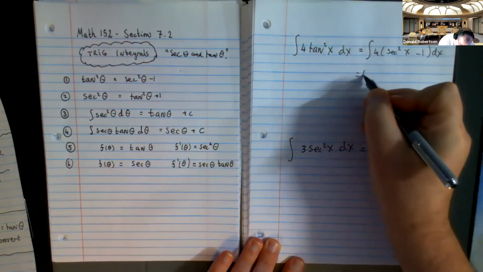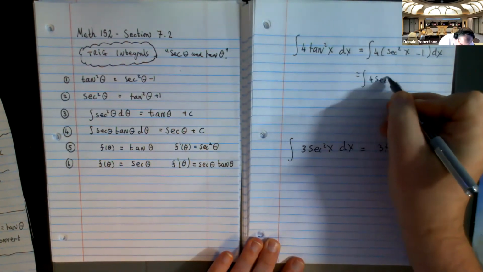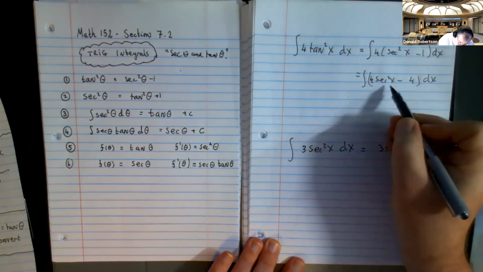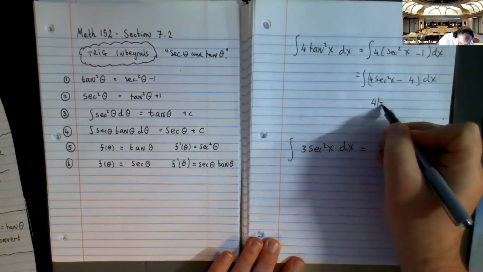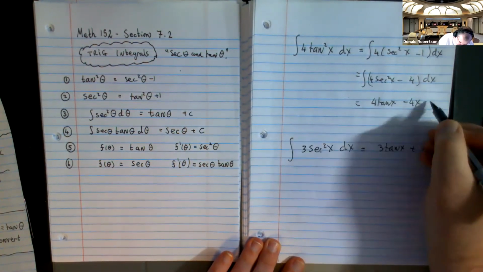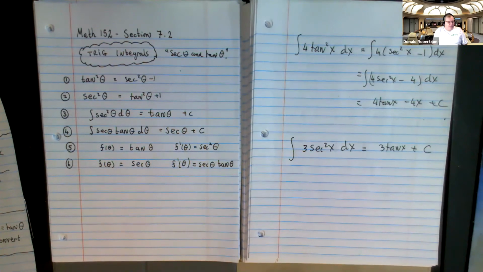So take tan squared and turn it into secant squared minus 1. And multiply it out a little bit. Make it a little bit easier to see what you're doing. And won't 4 secant squared get you 4 tan? And won't the number -4 get you that guy? Well, they're really nice and nothing too much to deal with.